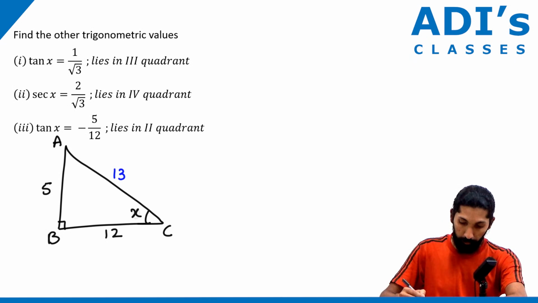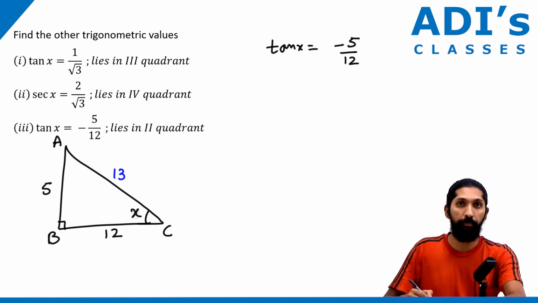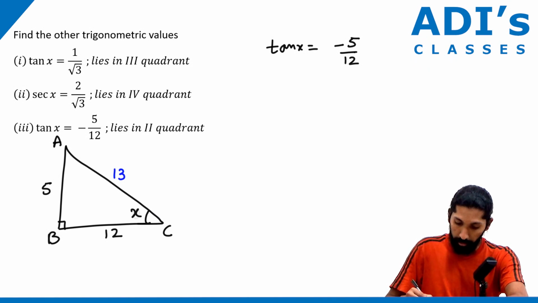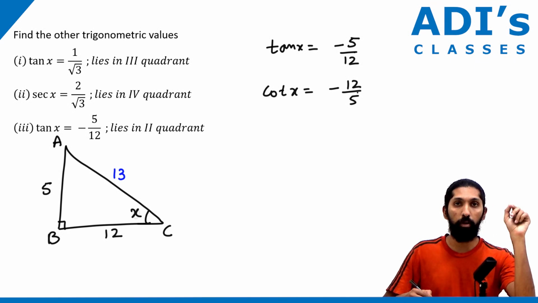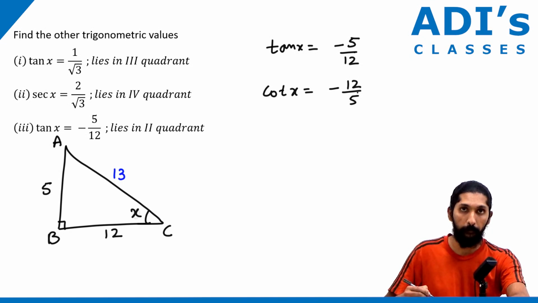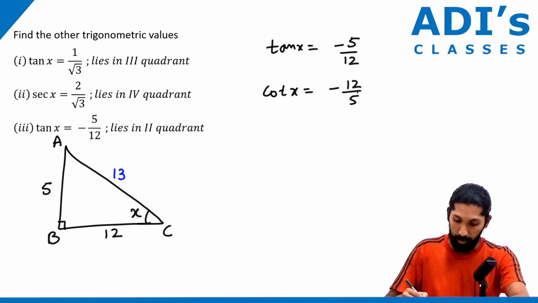Now, what is given to you? Tan of x is equal to minus 5 by 12. What is the first thing you will calculate? Reciprocal. Cot x is equal to minus 12 by 5. Now, in the second quadrant, which is positive, sine, cosecant, right? Now, we'll calculate the sine function.